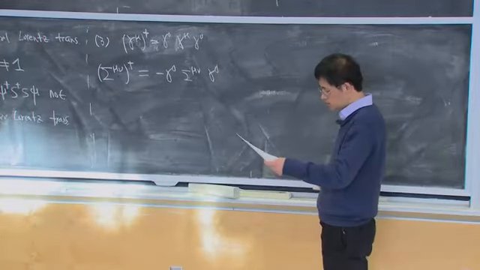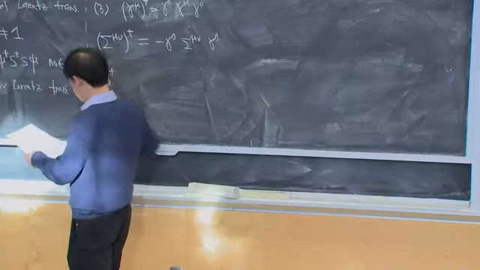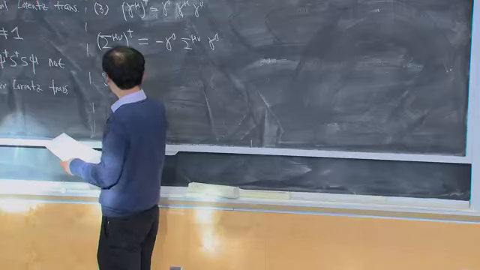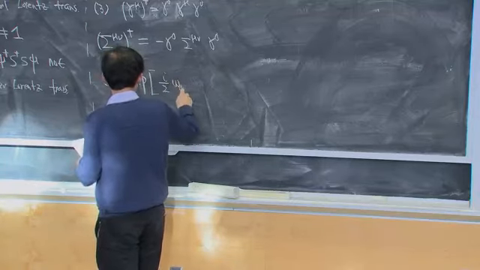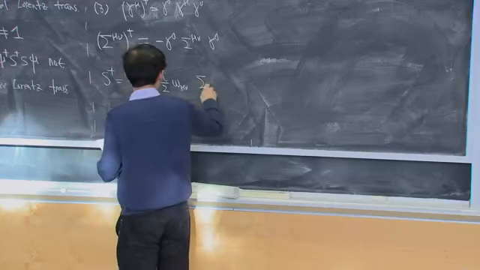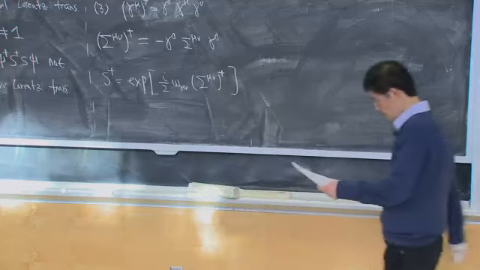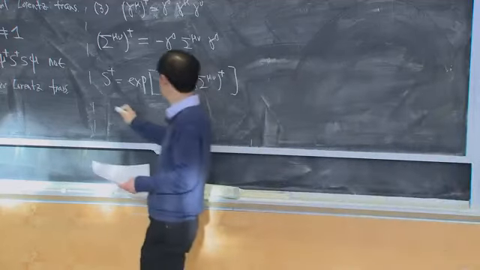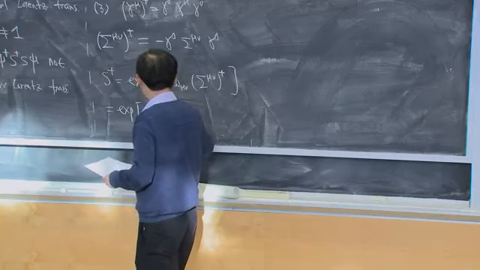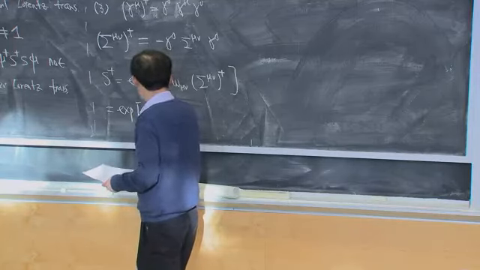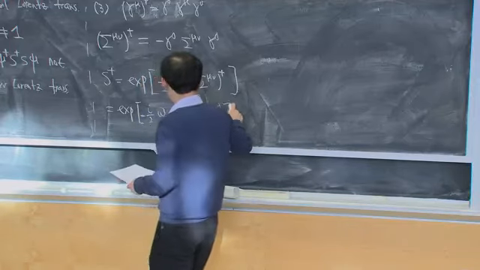Now we can find S dagger. S dagger is equal to the exponential of one half i omega mu nu sigma mu nu dagger, which is equal to the exponential of i over 2 omega mu nu times minus gamma 0 sigma mu nu gamma 0.